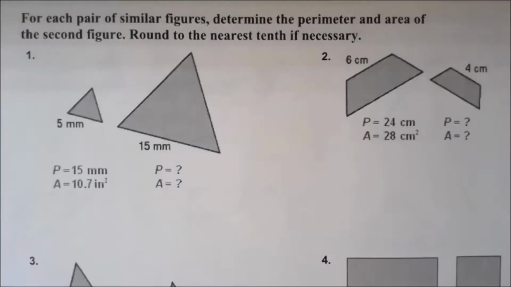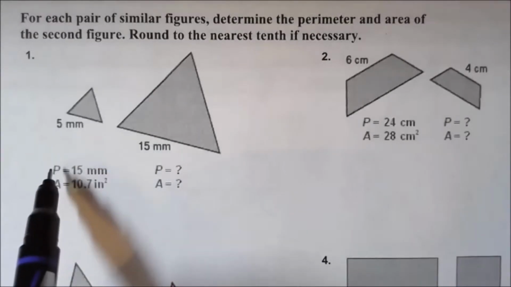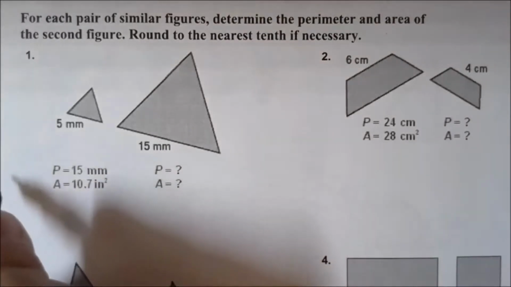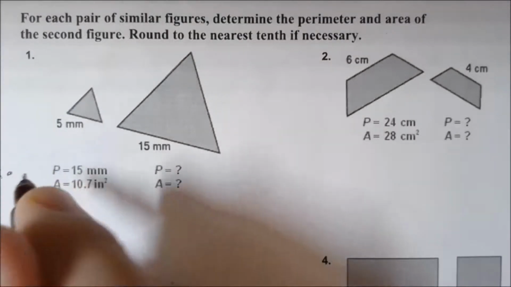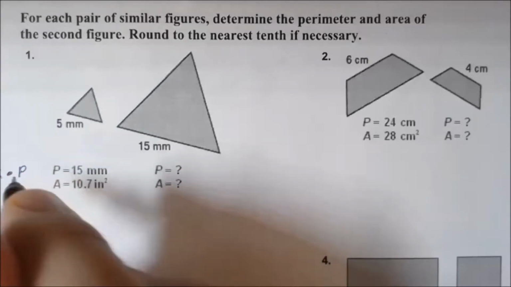The gist that we learned in class is that when we have a scale factor, we take that scale factor and multiply it to the perimeter. I'm going to put K for my scale factor times the perimeter, and it gives you the new value.